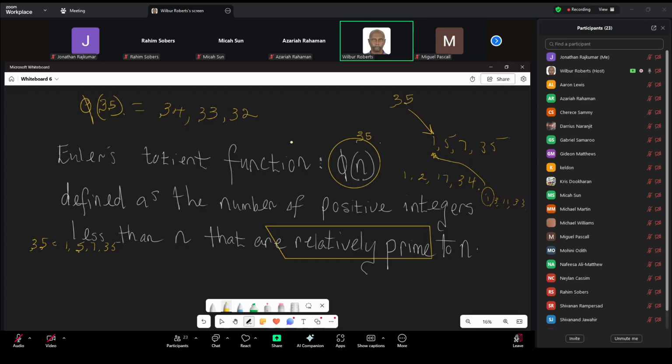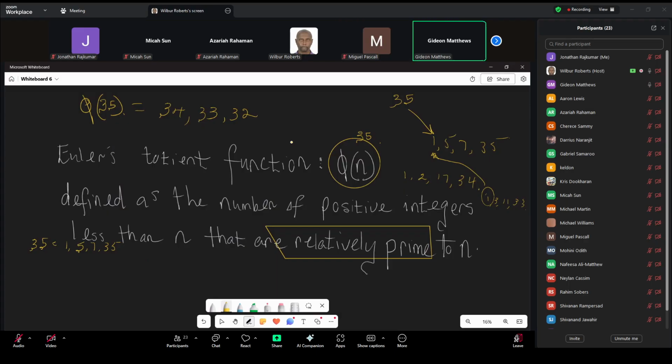Anybody? Is 31 relatively prime to 35? Why I didn't write it out is because the factors of 31 are very easy, and you should be able to work that in your head. So, people, is 31 relatively prime to 35? What are the factors of 31? Yes, sir. Right.